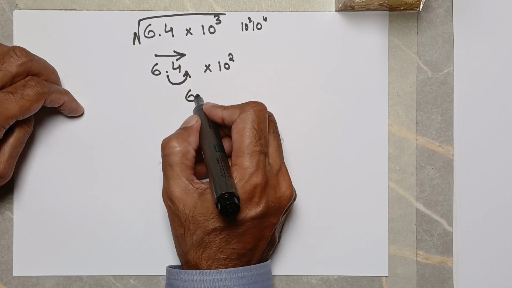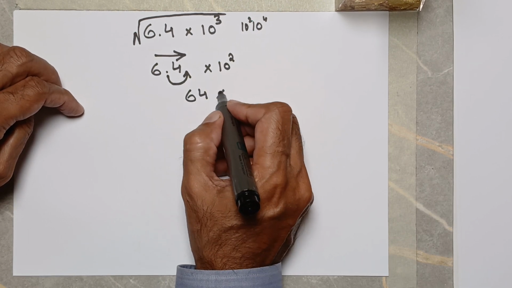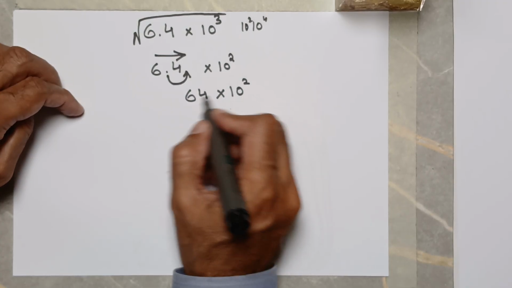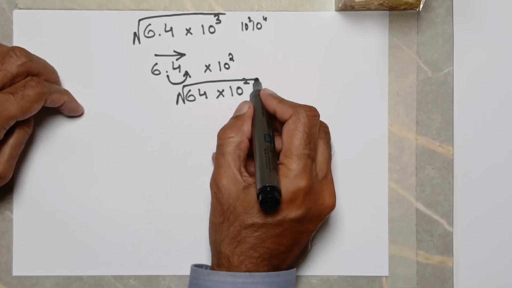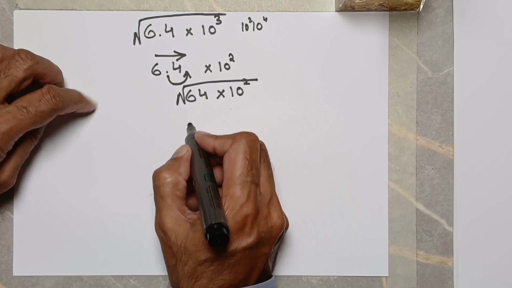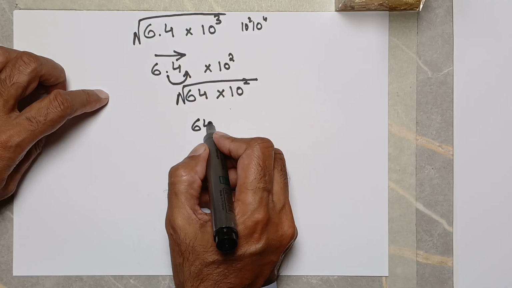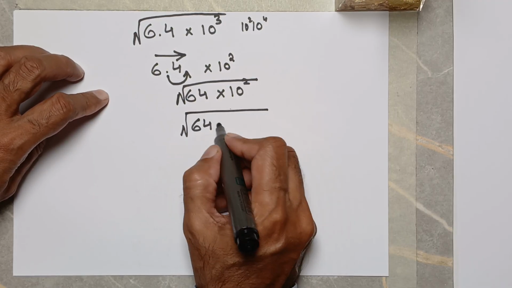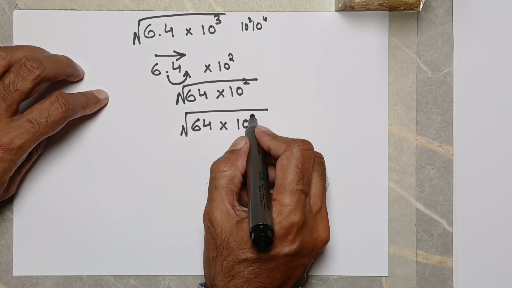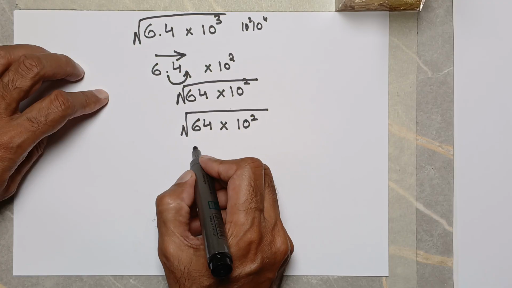So now we can easily write it as 64 by 10 raised to the power 2. Let me write it again for you. That is 64 by 10 raised to the power 2. Now you can easily solve it.